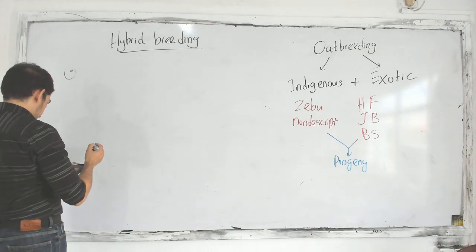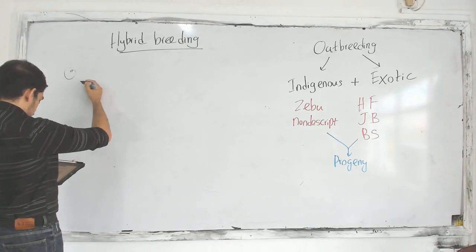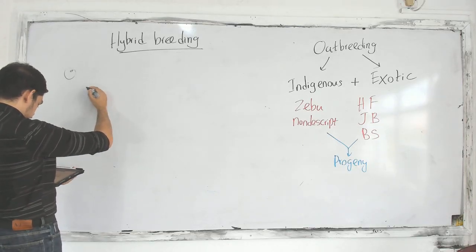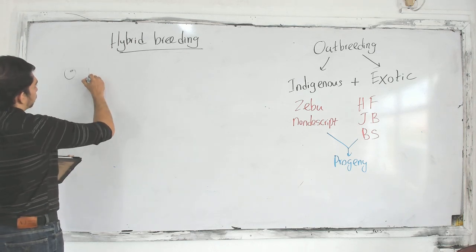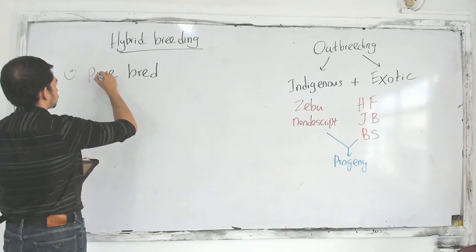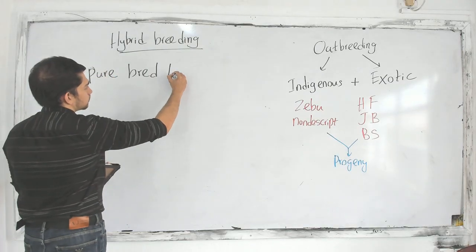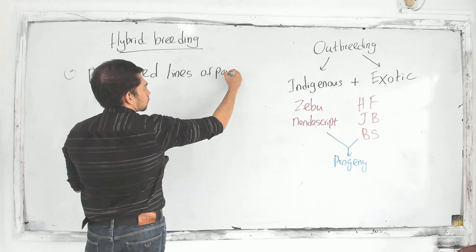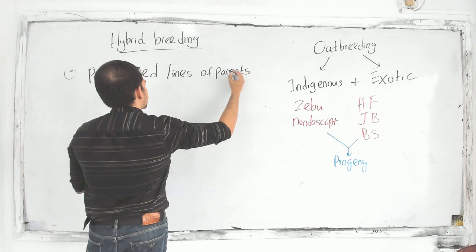You need to have what we call purebred lines. Purebred, not farm. Okay, purebred lines. You need to have purebred lines of parents.